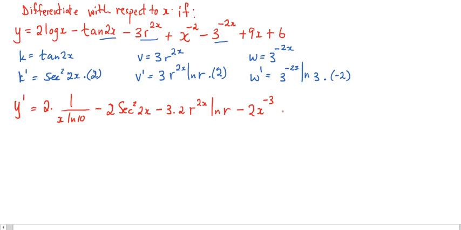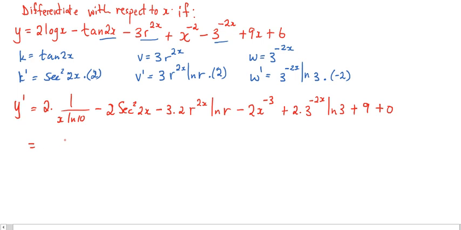So we've got minus and minus, so let's call this one positive 2 multiplying by 3 to the power of minus 2x, the ln of 3, plus the derivative of 9x will give us 9, and then the derivative of a constant will give us 0.